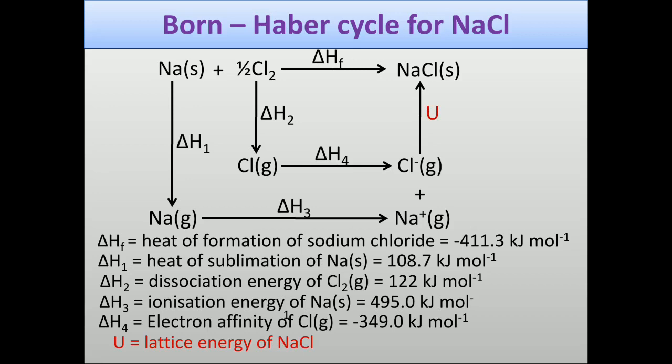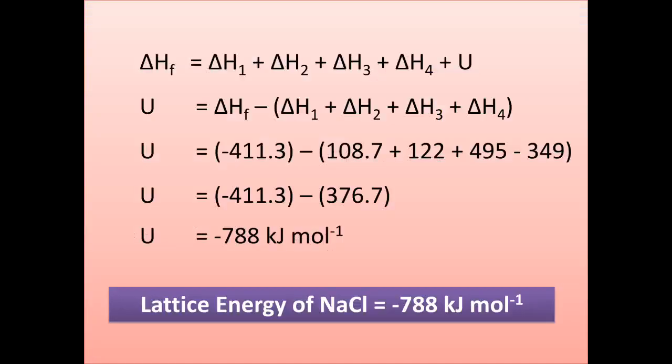According to Hess's law of heat summation, ΔHf is equal to ΔH1 plus ΔH2 plus ΔH3 plus ΔH4 plus U. Now we have to calculate U, that is the lattice energy or lattice enthalpy of sodium chloride. U is equal to ΔHf minus (ΔH1 plus ΔH2 plus ΔH3 plus ΔH4).